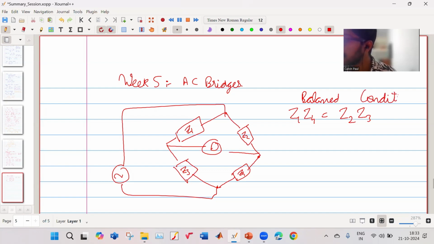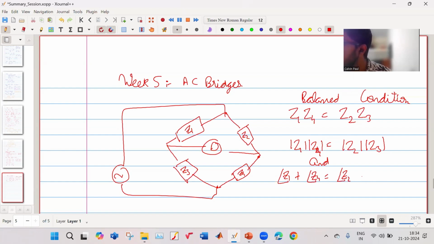In our Wheatstone bridge, which we saw earlier, it is PQ equal to RS, and that is purely resistive, so it is just magnitude. But when you come to AC bridges, the magnitude of Z1 times the magnitude of Z4 should be equal to the magnitude of Z2 times the magnitude of Z3, and the angle of Z1 plus the angle of Z4 should be equal to the angle of Z2 plus the angle of Z3.